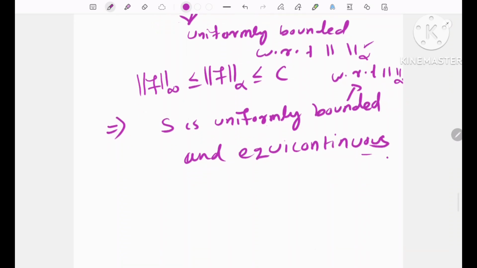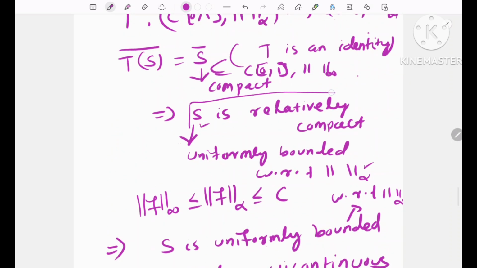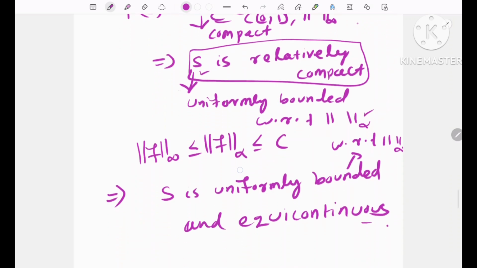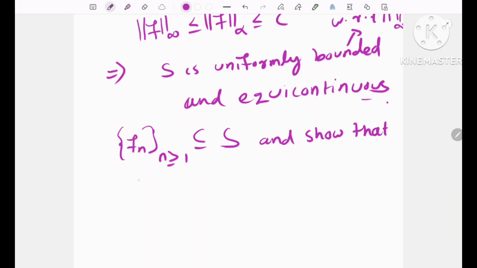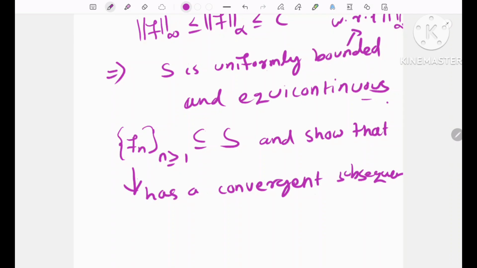Now we are in the right position to apply the Arzela-Ascoli theorem. Our main target is to show that S is relatively compact, and its equivalent definition is to take any sequence f_n, n greater than or equal to 1, which lies in the set S, and show that this sequence has a convergent subsequence.